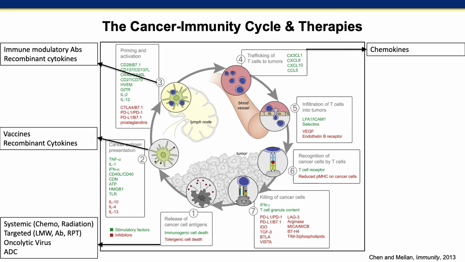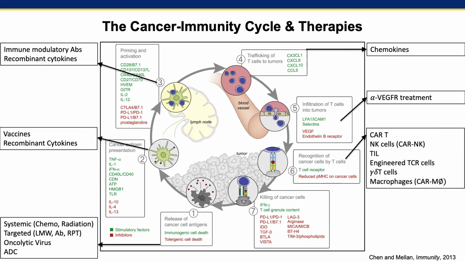To boost trafficking and infiltration, chemokines and anti-VEGF receptor treatment has been tried. And many different types of T cells, engineered CAR Ts, NKs, tumor-infiltrating lymphocytes, and many others have been vigorously tried. And lastly, to enhance cancer cell killing, checkpoint inhibitors and anti-myeloid-derived suppressor cell therapy has been tested.